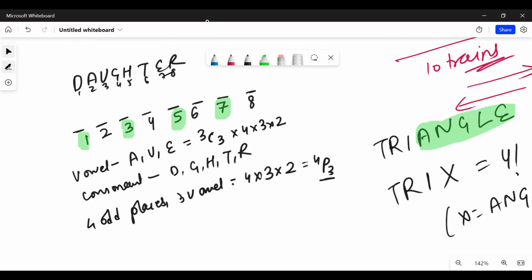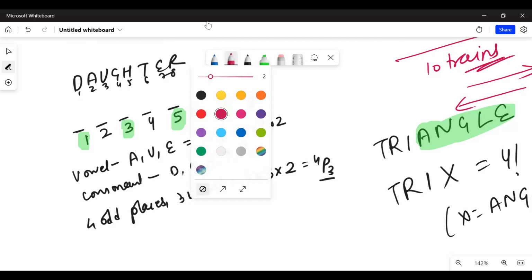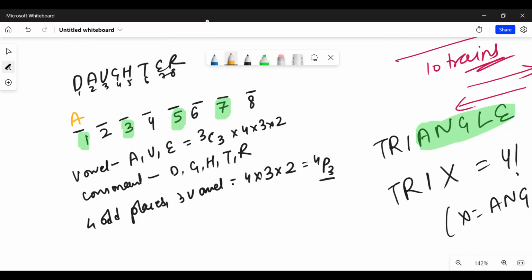The 3 vowels will come in any of the 4 places. Like A came here, then E came here, and U came here. Doesn't matter. 3 vowels can occupy only 3 places; they cannot occupy 4 places.